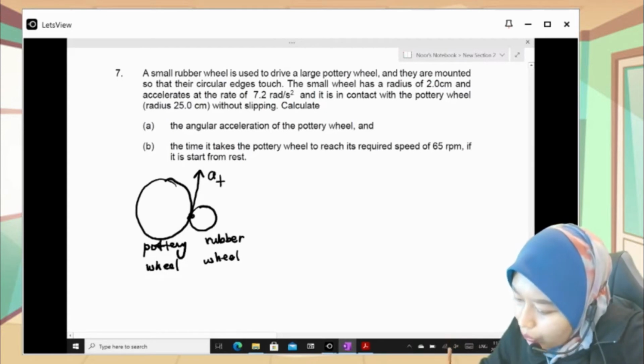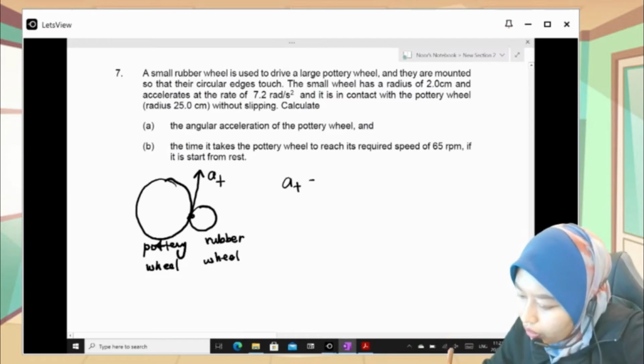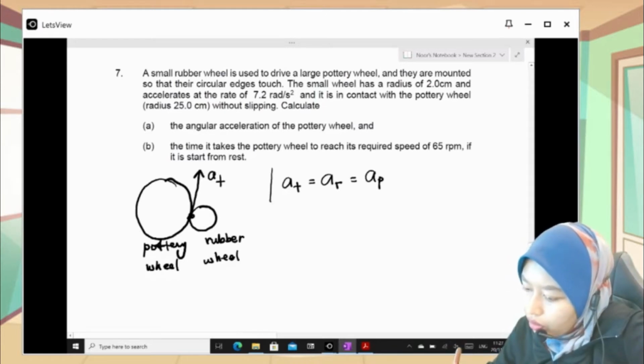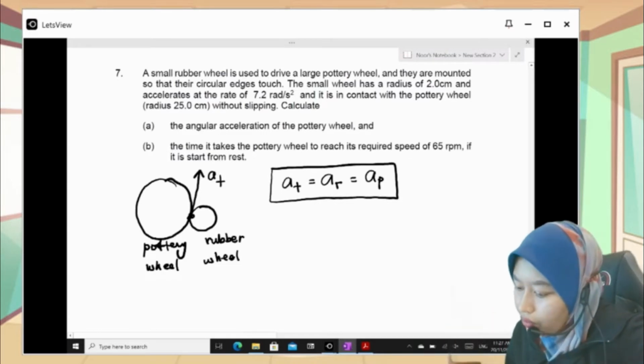Let's assume the tangential acceleration of the rubber wheel and the pottery wheel is equal, because they touch each other and rotate at the same tangential acceleration.